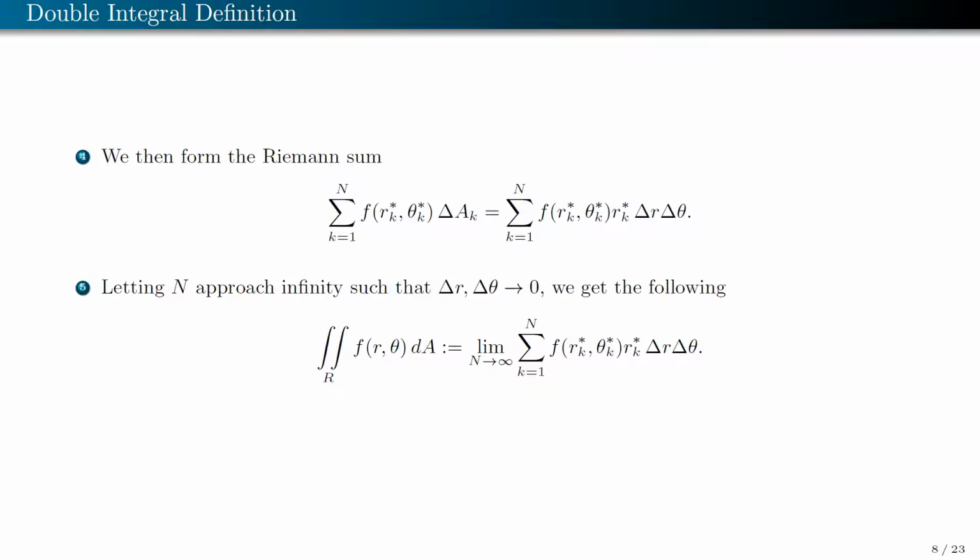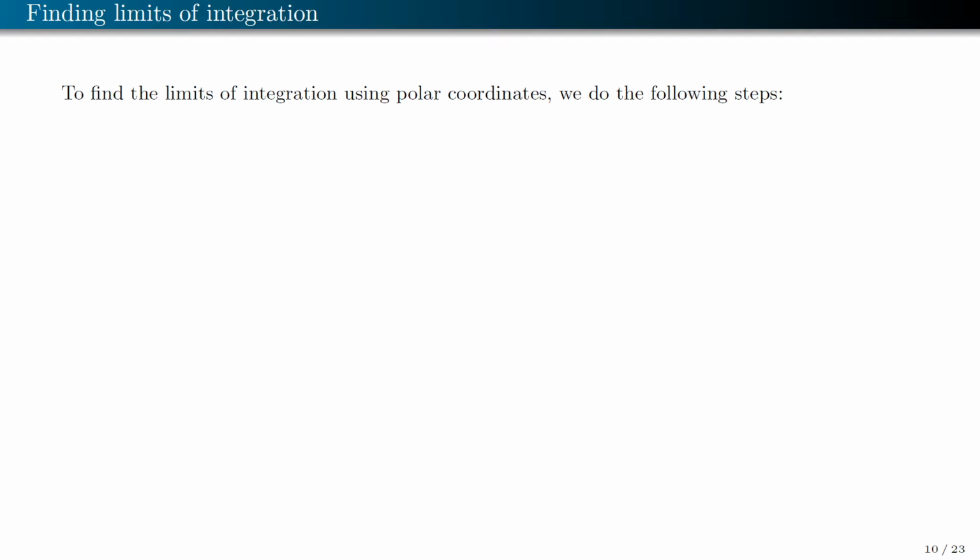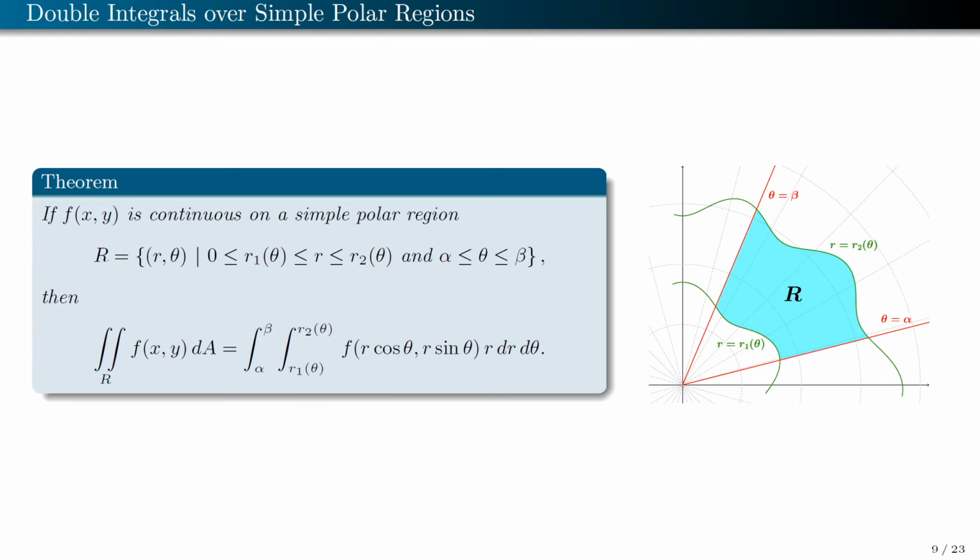Okay, what we will use instead is the following theorem. Na if f of x y is continuous on this simple polar region, okay, which is illustrated on this figure on the right, ito siya in symbols lang.